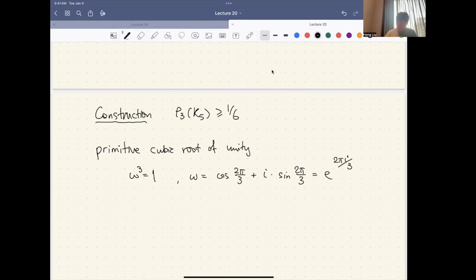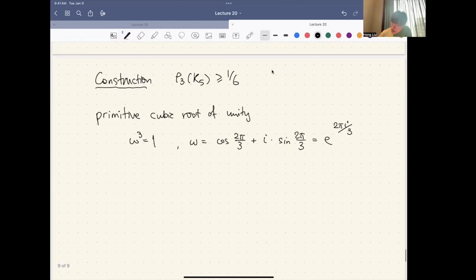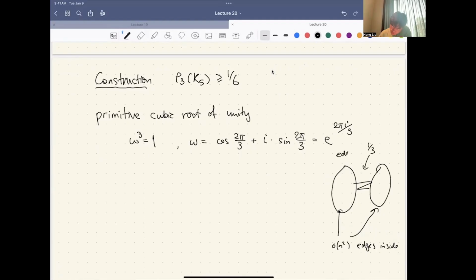Okay, and what we will do is construct a near bipartite graph where you have few edges inside each part and edge density 1/3 across.